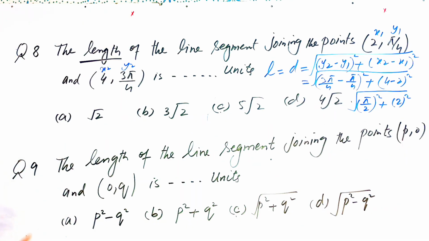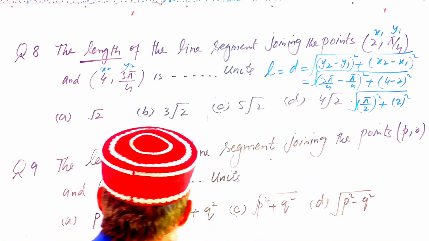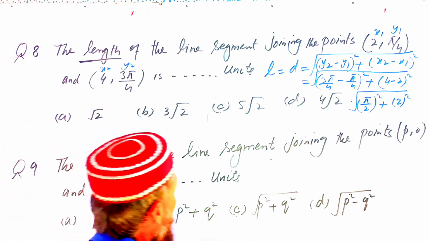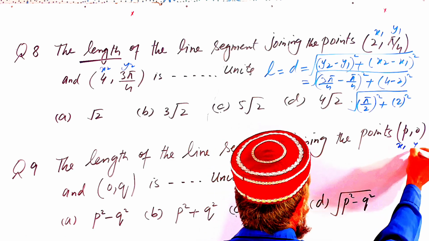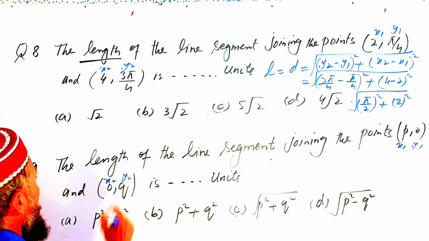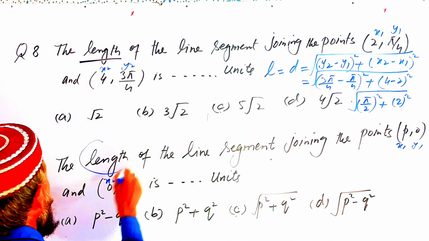And now question number 9, the length of the line segment joining the points P(0, p) and Q(0, q) units. So according to this formula, if we substitute this result here, x1 and y1, x2 and y2, the length is required.